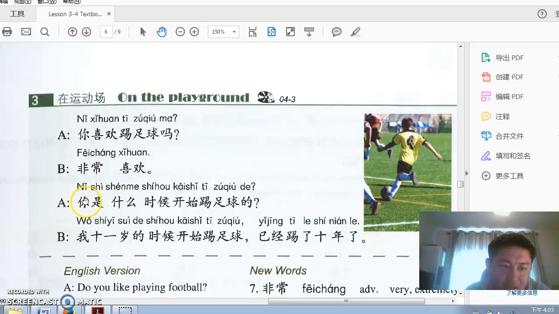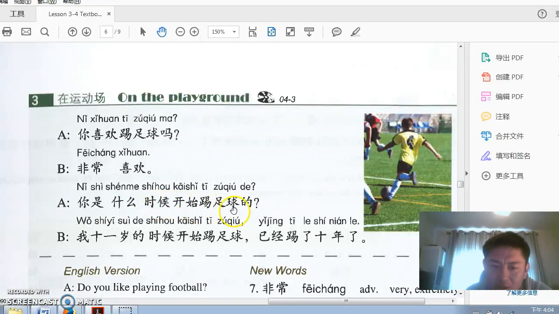And then A says 你是什么时候开始踢足球的. You are, okay, 什么时候, what time, we learned that, or when. 开始 begin, 踢足球 playing football. This whole phrase is here to modify something, and this something I think should be you.